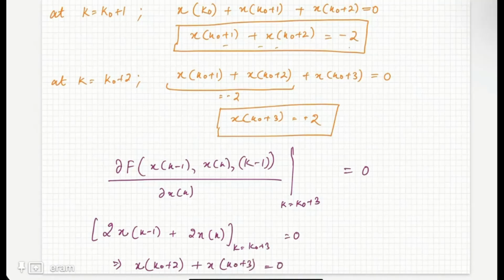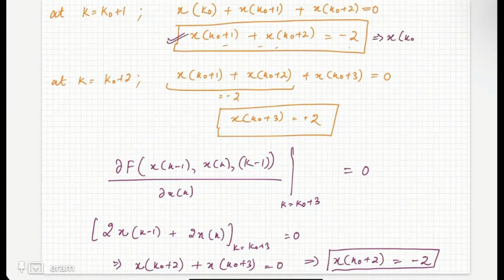Now since x of k naught plus 3 is 2, that means x of k naught plus 2 is equal to minus 2. Now since we have calculated x of k naught plus 2, we can solve x of k naught plus 1 from here. So our x of k naught plus 1 will be minus 2 and plus 2, so that will be 0.